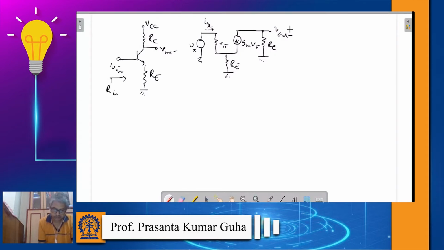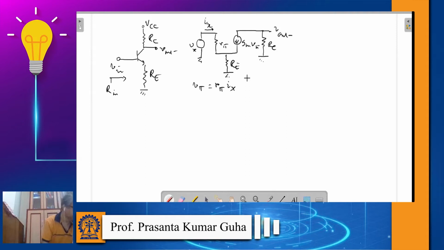Okay, we are neglecting that for the time being. So what we are doing, we are calculating the input resistance of the circuit. And you can do that since V pi is equal to R pi Ix.